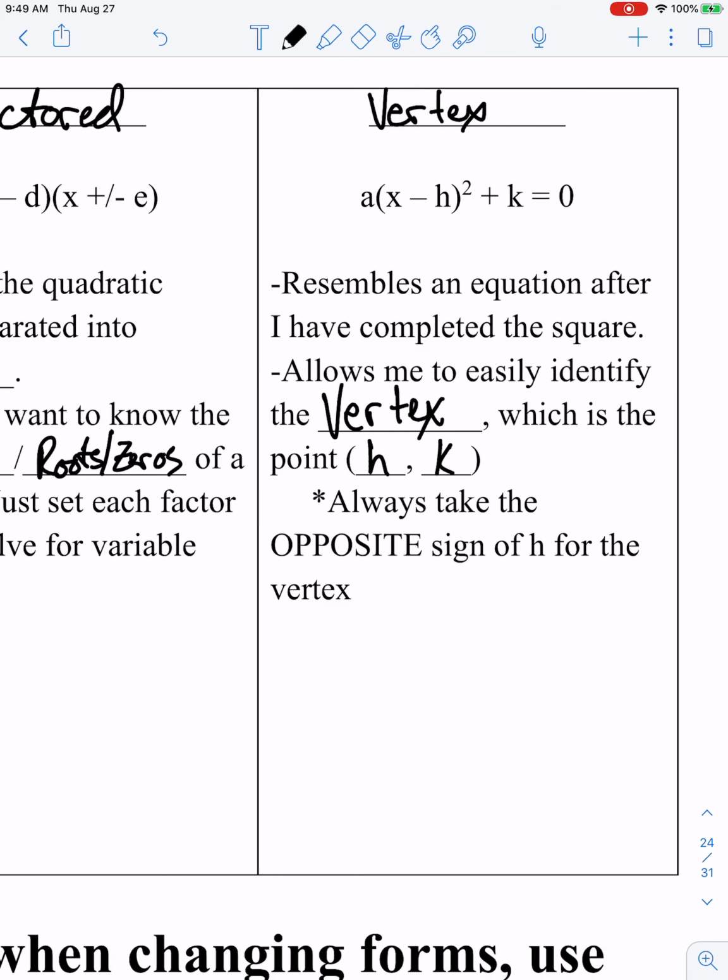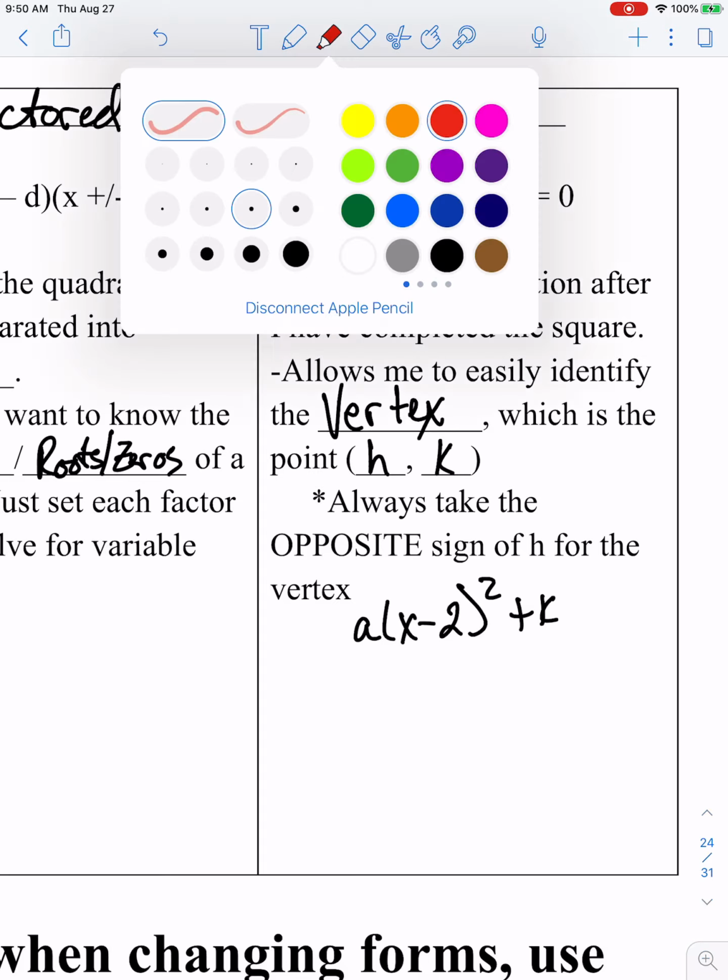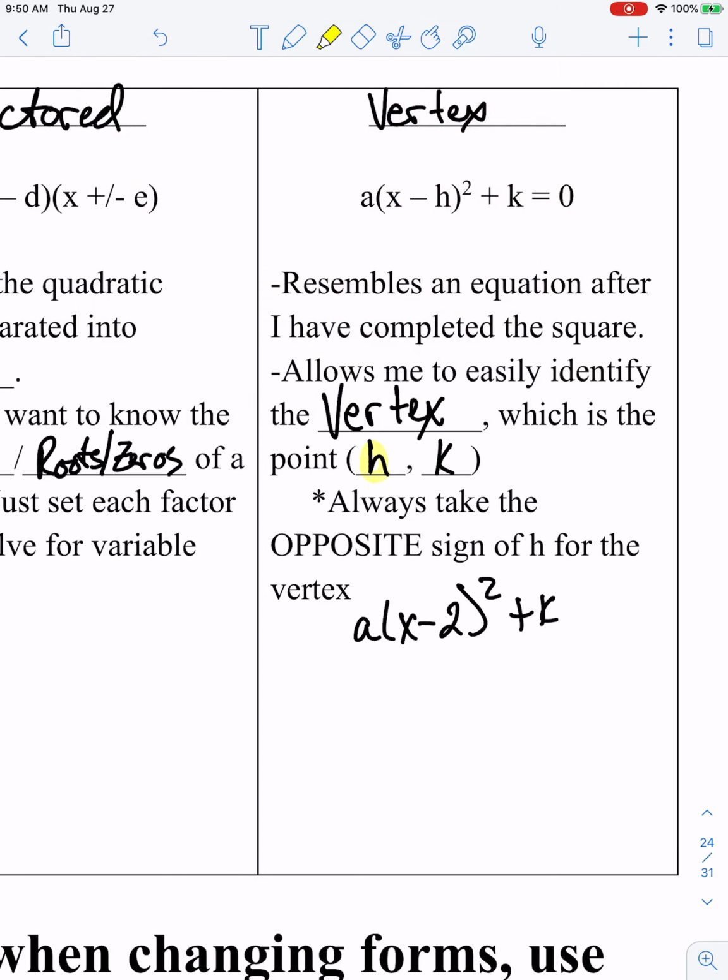So, for example, if I have a(x minus 2) squared plus k, again, I'm only focusing on h here. So h, I see this negative 2. h is really equal to 2 here.